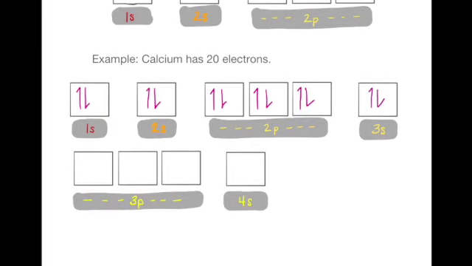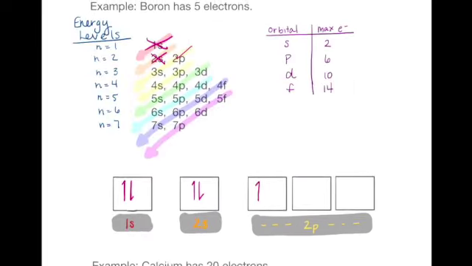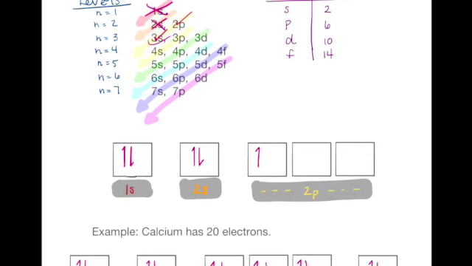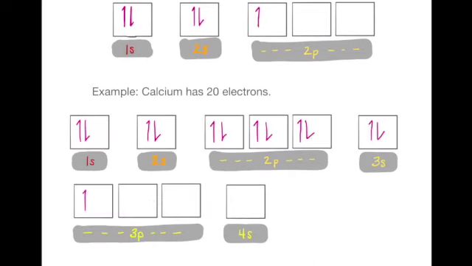Then we go to 3p, 13, and then we skip the seat. 14, 15, 16, 17, 18, and then 4s can only hold 2, 19, and 20.